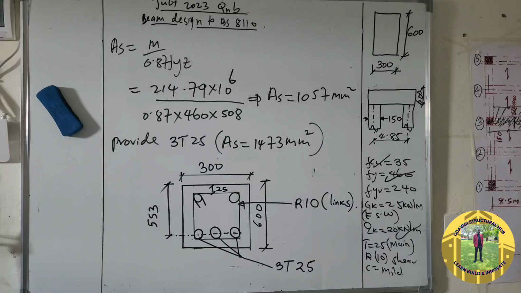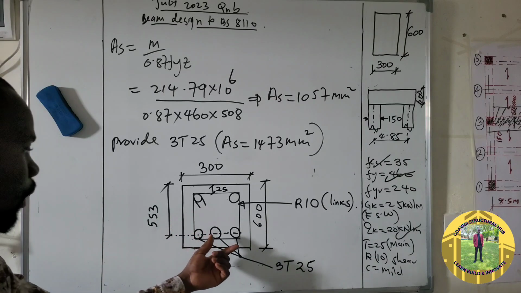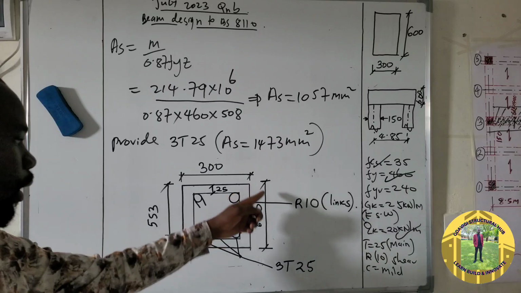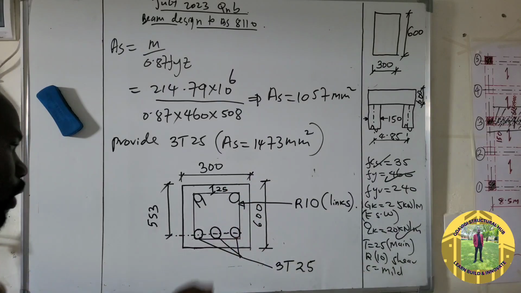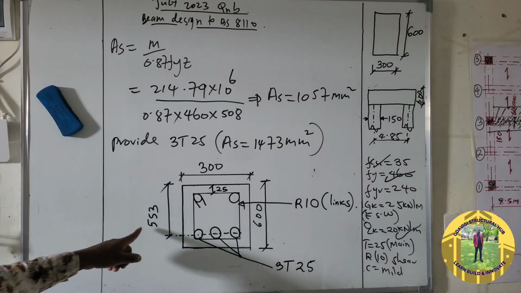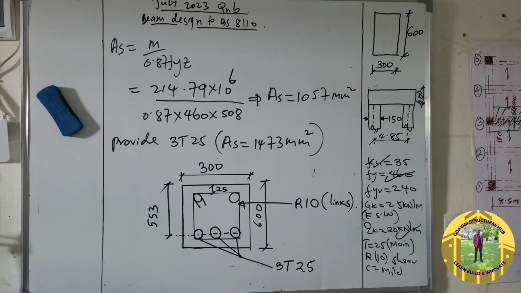They are provided to hold the main bar in place and to connect together with the link. So H is 600 millimeter, B is 300 millimeter, and D is 553. We now proceed to shear reinforcement.